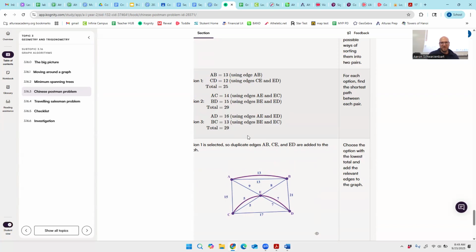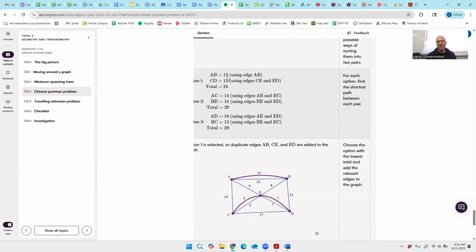So the four vertices are A, B, C, D. If I pick AB, the shortest path from A to B is 13, correct? We're looking at that 13. The other two are CD. The shortest path from C to D is 12. It's not the direct path, it's through E. That makes sense on the shortest path.